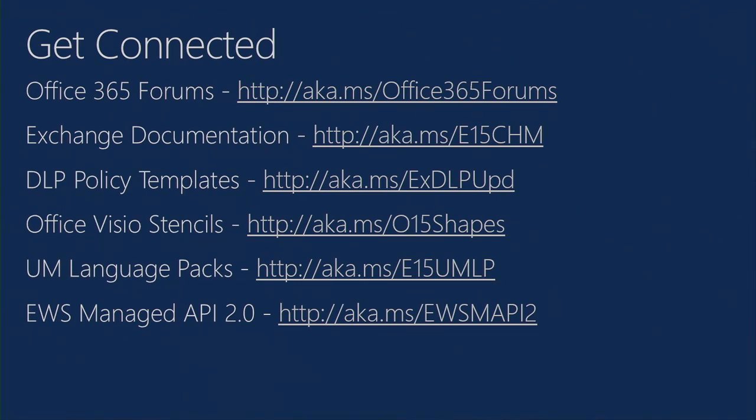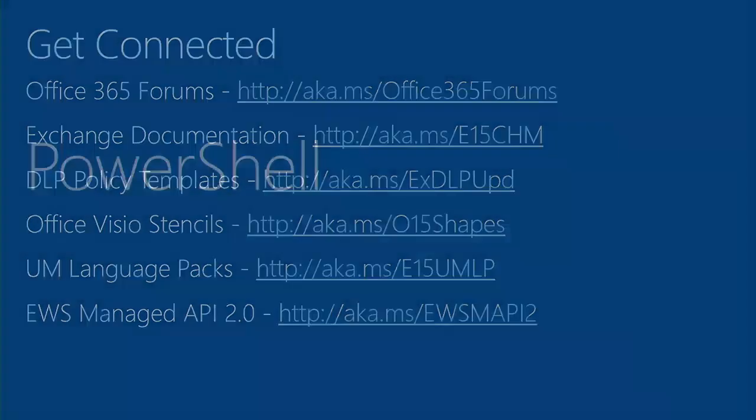SharePoint 2013, Lync 2013, Office 2013, and Office 365, those have all been updated and freshened. And then the UM language packs and the Exchange Web Services managed APIs as well. So for those of you who are doing UM, or if you're doing some EWS development against Exchange, you're going to want to get that API.